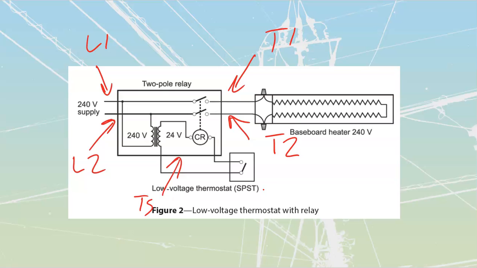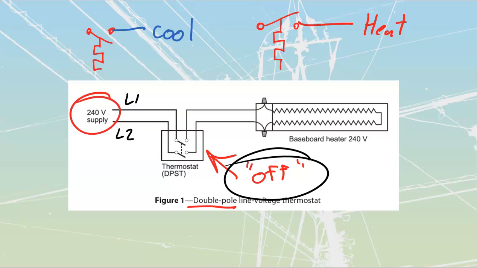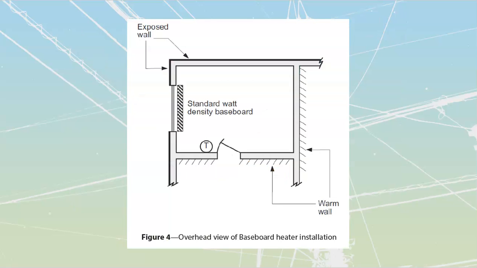Whatever type of thermostat you are going to use, whether it's single pole, single throw, which is our standard one, or one of these marked off double pole single throw, or low voltage, you want to make sure that it is always mounted inside of the room away from the heater itself. The heater is going to be on the outside wall. We'll talk about that in a second.